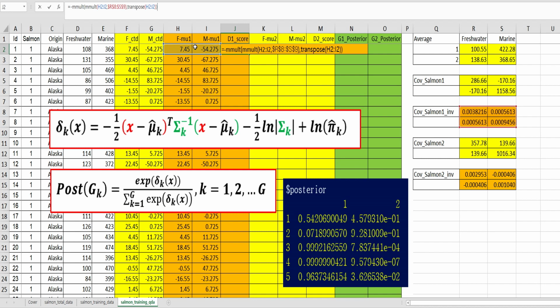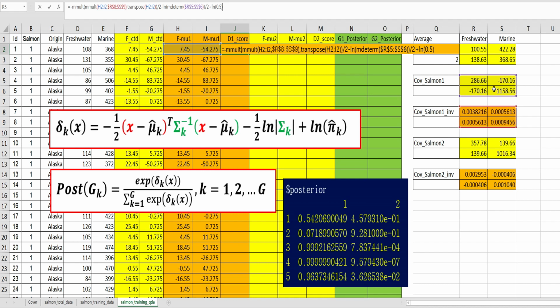Okay. And over 2 here, and minus log of determinant sigma 1 here, press F4, okay, and over 2 plus log of prior probability, which is 0.5, right?